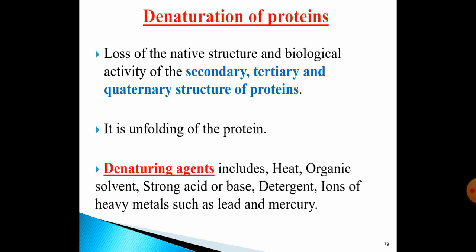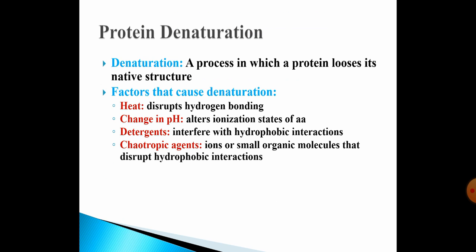Denaturation is the loss of native structure and biological activity of the secondary, tertiary, and quaternary structure of the protein. It is the unfolding of the protein. Denaturing agents include heat, organic solvents, strong acid or base, detergents, and ions of heavy metals such as lead or mercury. That means when we denature a protein, it loses its function.